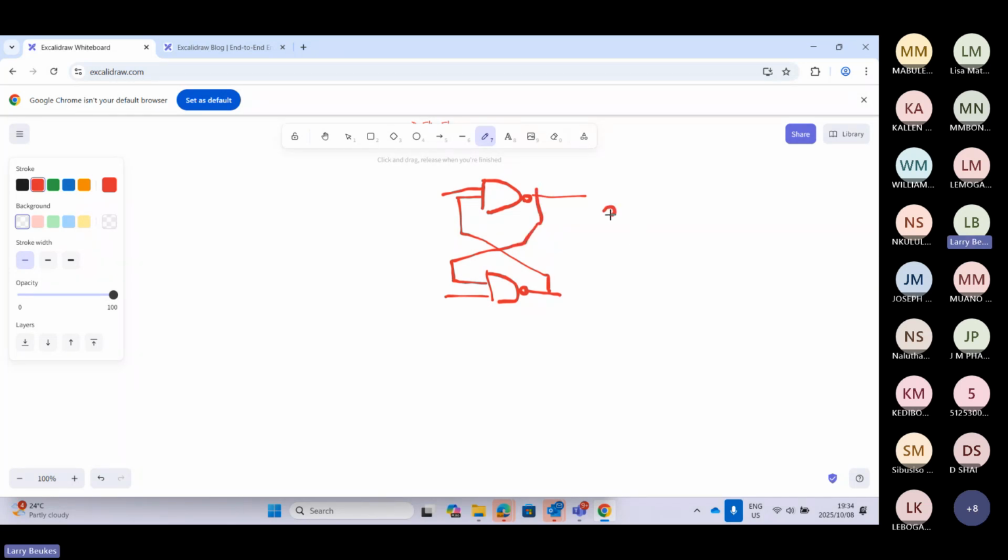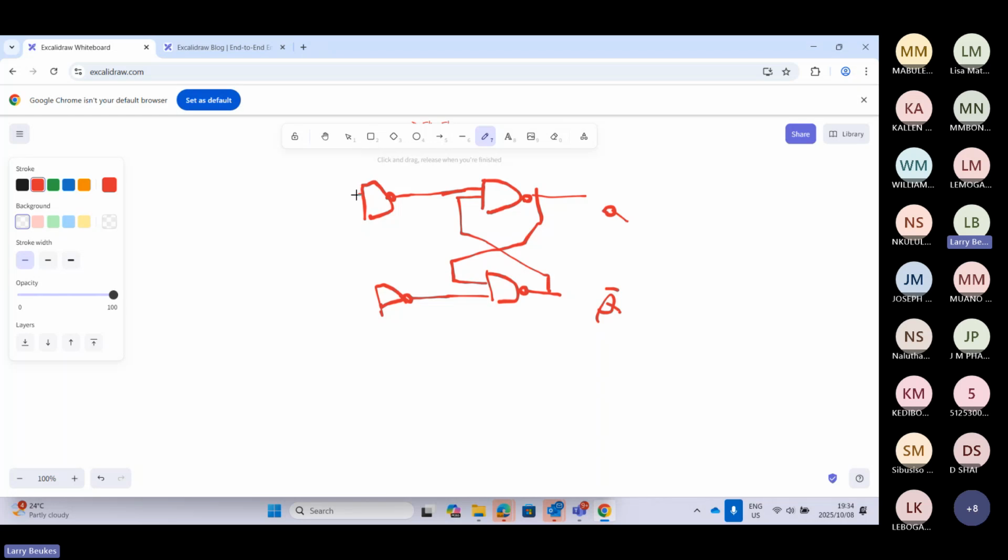Here we know this is a Q, and then this is a Q naught. Then we know that normally this was just an S and an R, right? So now we know we're going to couple this to a NAND gate here, and here NAND.